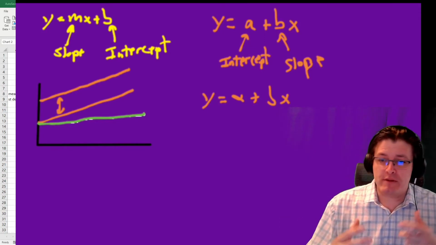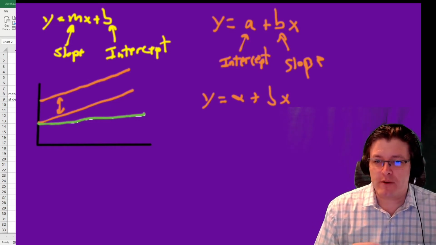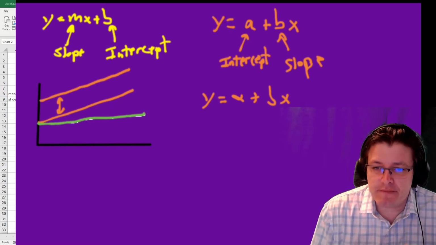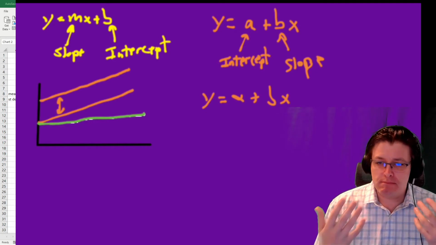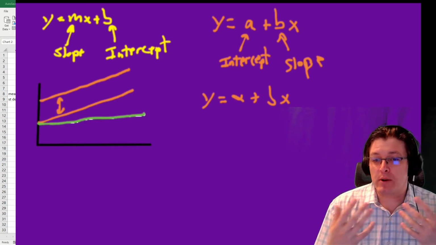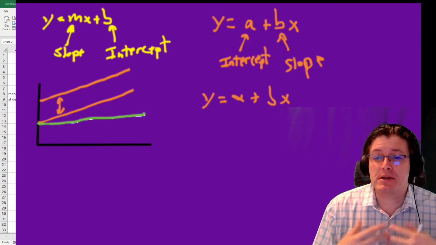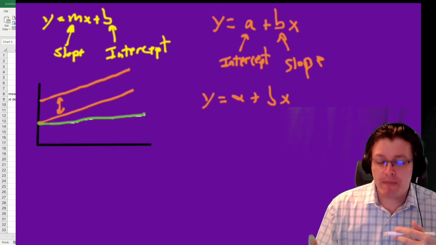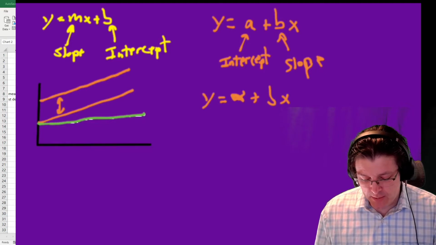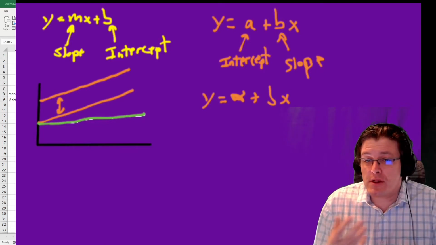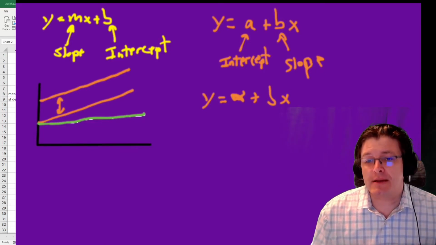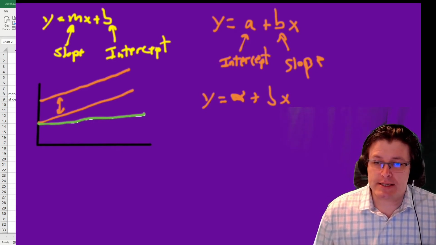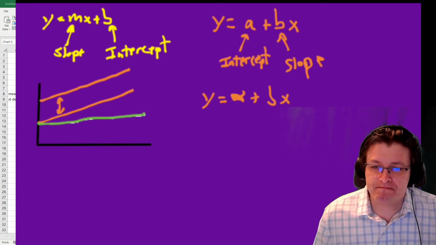The Greek letters have been the population values, like mu, and when we talk about our sample, we're talking about x bar. Same with s versus sigma. So alpha and beta refer to the population values we're trying to estimate, and we use a and b to work with our sample data.